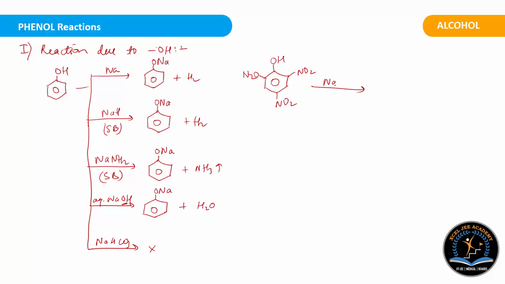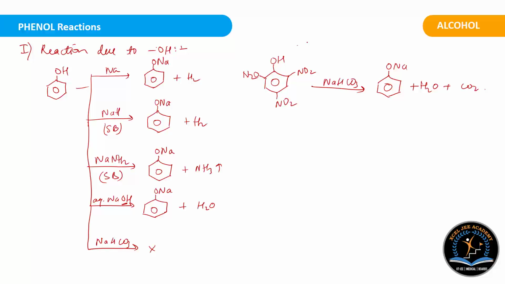Then it will react with NaHCO3 to yield benzene with an ONa group attached, along with water and CO2 being removed. This compound is referred to as picric acid.